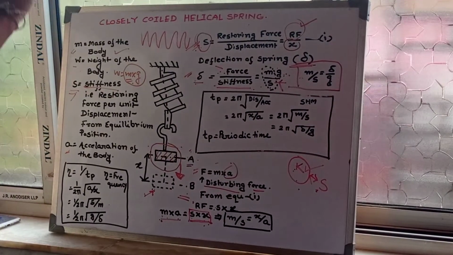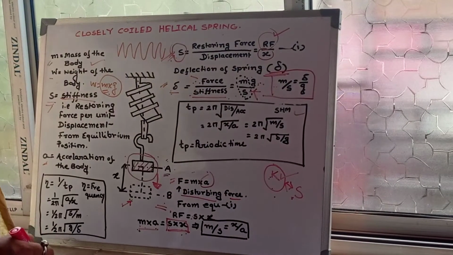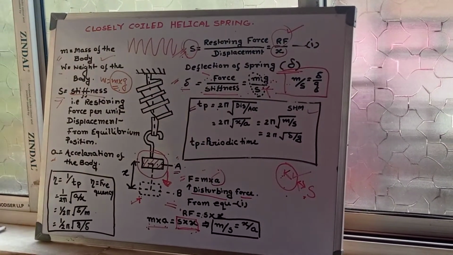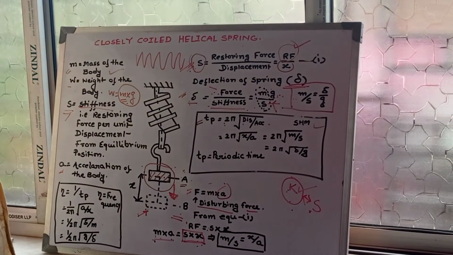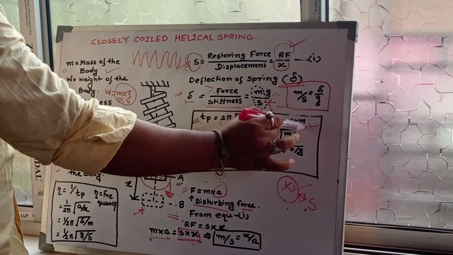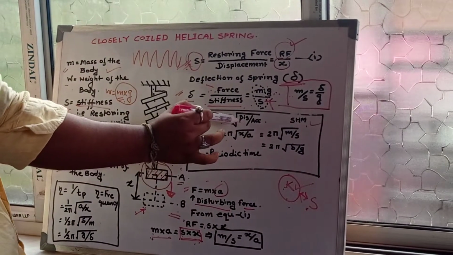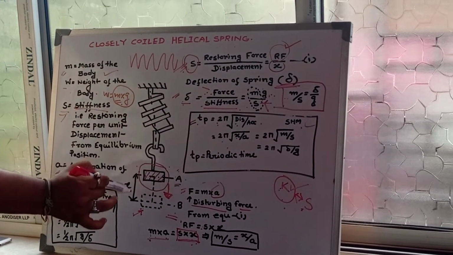Okay. Now come here. Now in simple harmonic motion, you know the periodic time is calculated through this formula, 2 pi root over displacement by acceleration. It is a very common formula for simple harmonic motion. And 2 pi root over x, where x is the displacement. From where do we find x? See the figure.